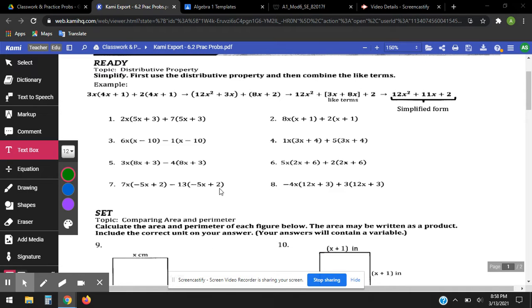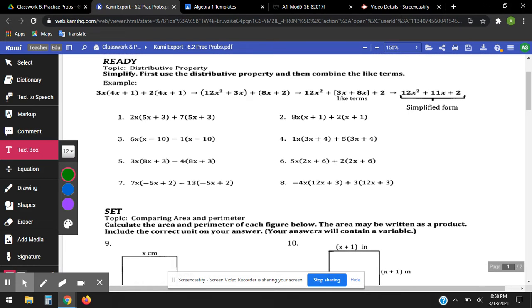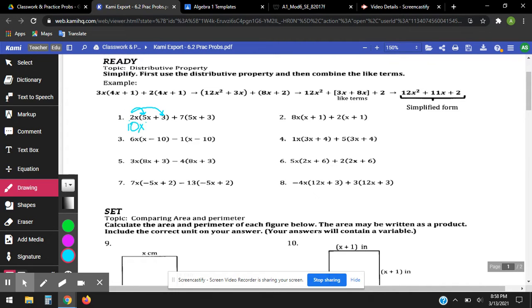So in this first one, if we distribute our 2x to each one, we would have 10x squared plus 6x plus 35x plus 21.